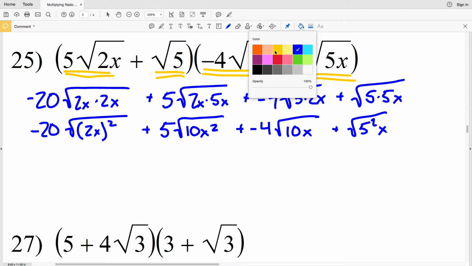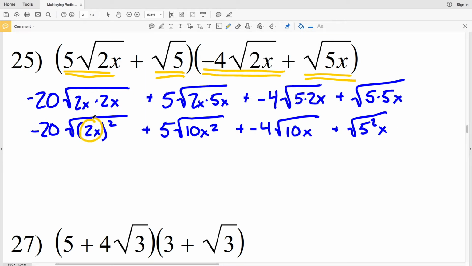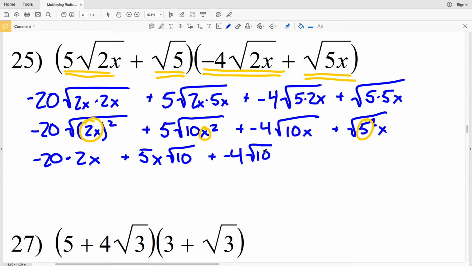So now I'll be able to pull out 2x, since that quantity is squared within the square root. I'll be able to pull out an x, and I'll be able to pull out a 5. So I'll have negative 20 times 2x plus 5x times the square root of 10 plus negative 4 times the square root of 10x plus 5 times the square root of x.